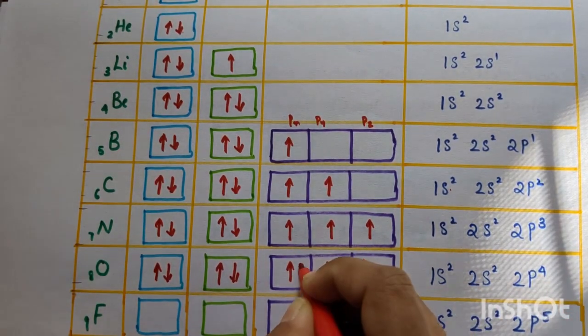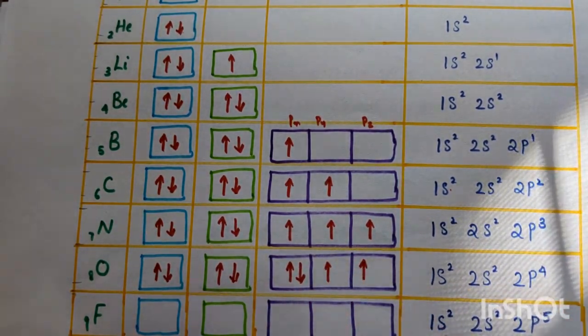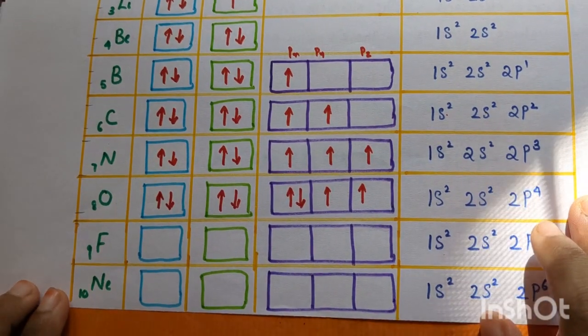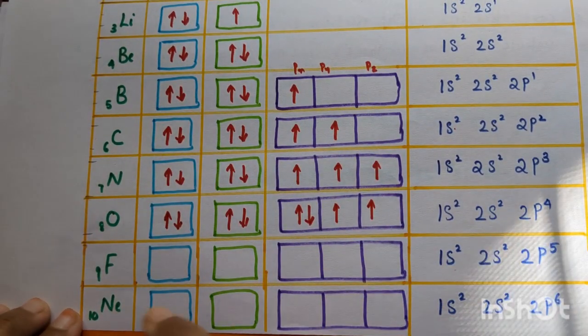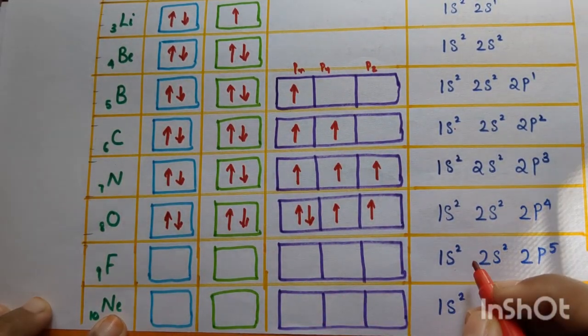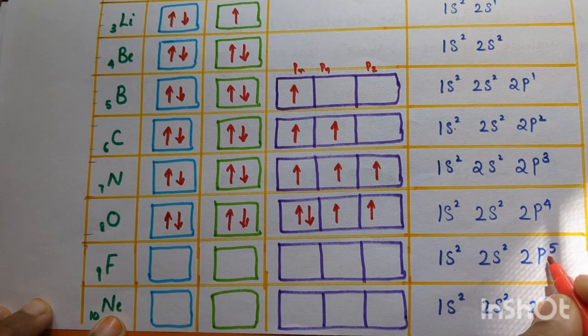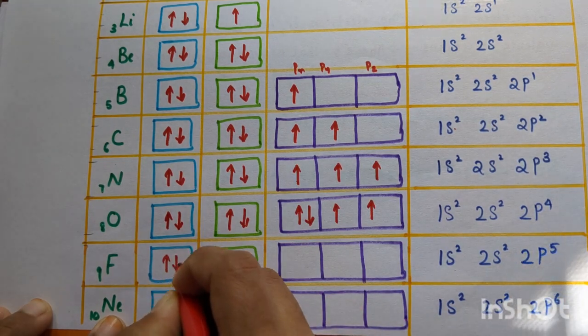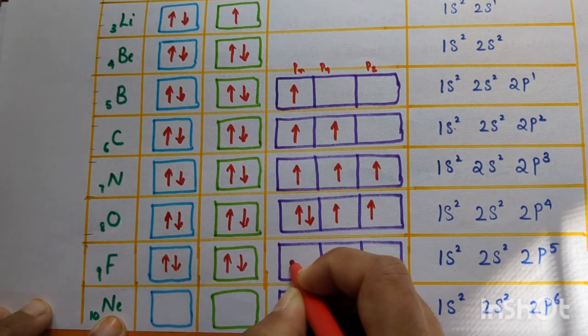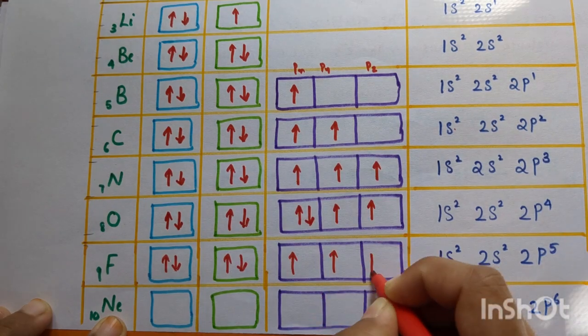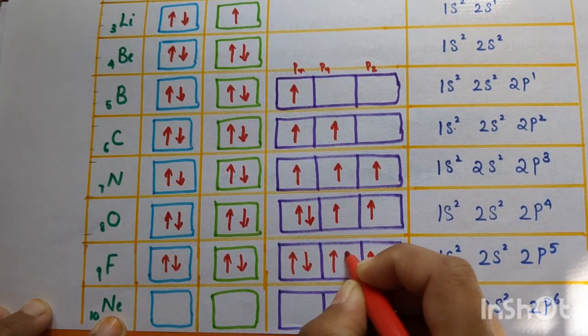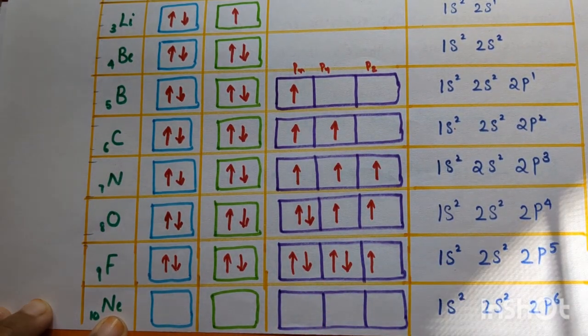So 3 are here, now the 4th one. Okay, now if you consider fluorine, its atomic number is 9, so 1s2, 2s2, 2p5. So 1, 2, 3, then pairing 4, 5.